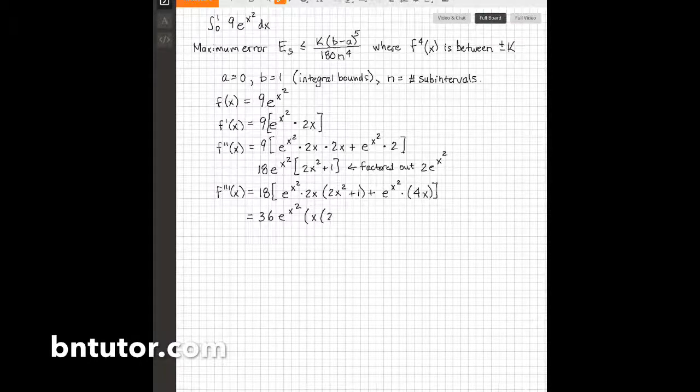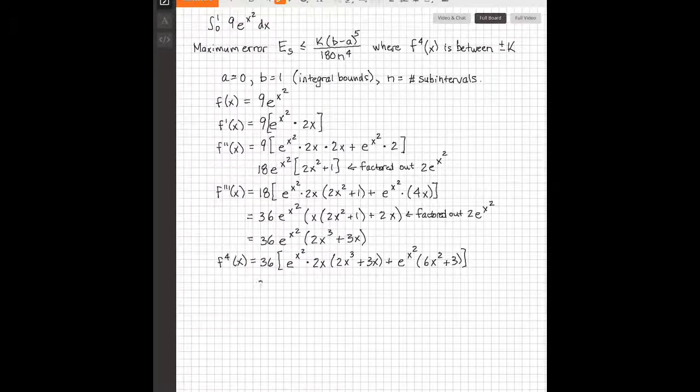The first term reduces to x times 2x squared plus 1, and the second term only has a 2x left. By now we get the idea. We do some simplification, we take another round to get into our fourth derivative by doing some product rule and chain rule, and when we factor out here, only 1 e to the x squared can be factored out. We have 4x to the fourth plus 12x plus 3 inside the parentheses.